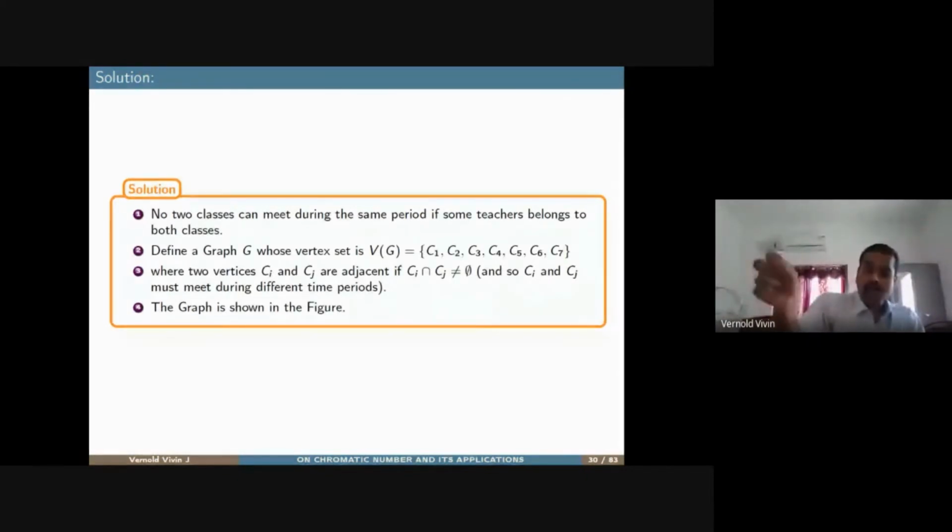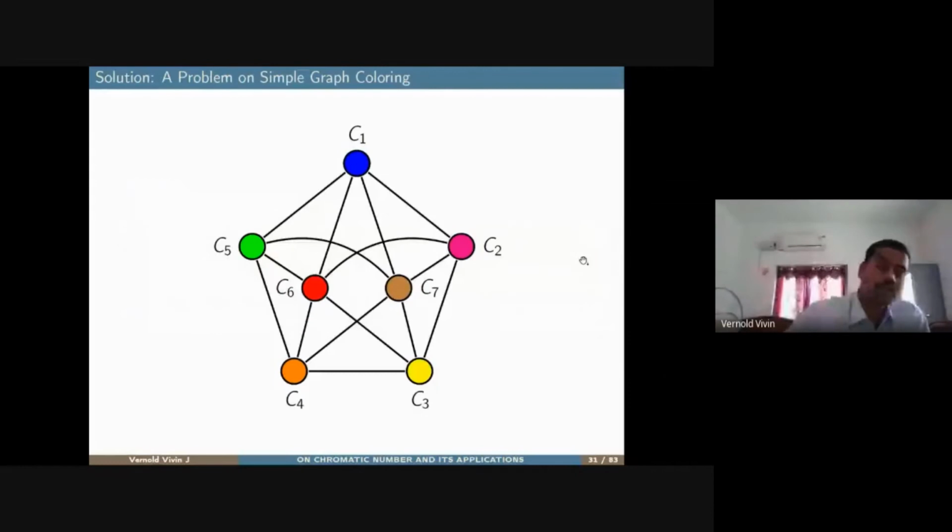All the 7 different classes will have 3 teachers. There may be some teacher who goes for C1 and C2. So if you have a common teacher present in C1 and C2, then you connect them by an edge. The 2 vertices Ci and Cj are adjacent if Ci intersection Cj is not equal to the empty set. So this is the graph.